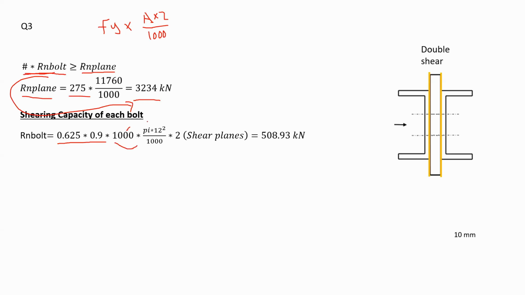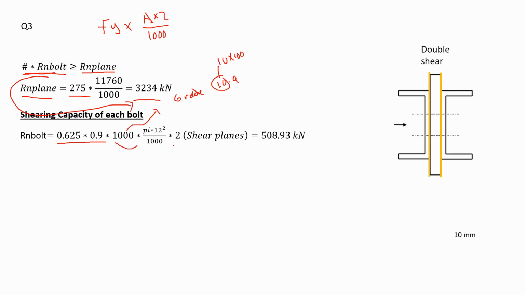Be careful, this 1,000 is coming from grade 10.9 as given in the problem. Since it says 10.9, Fu would be equal to 10 multiplied by 100. Therefore, you get 1000. And then I'm multiplying by the area of one bolt.